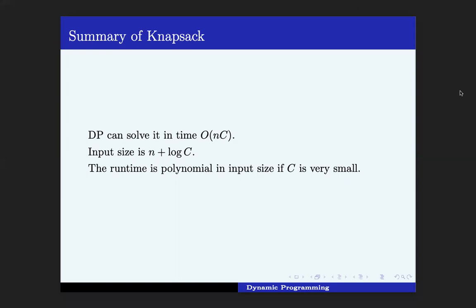So the number is as large as 2 to the power 128. The input that you place is the 128 digits, the number of digits, or the bits, whatever you want to call it.